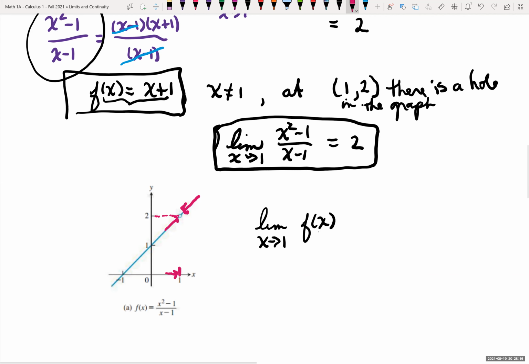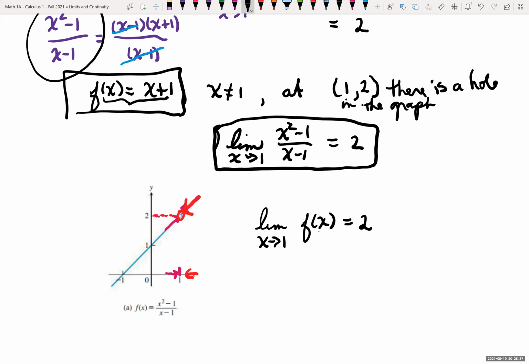And if I'm coming in on the other side, the right-hand side, as I get closer to x equals 1, my y value is getting closer and closer to 2. And so by looking at the graph, this is equal to 2.